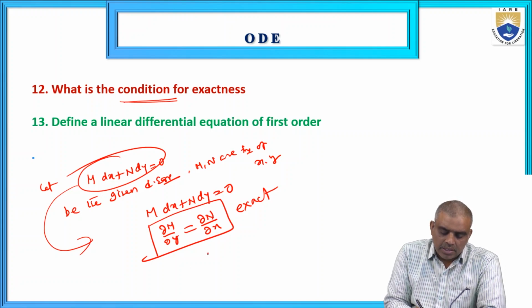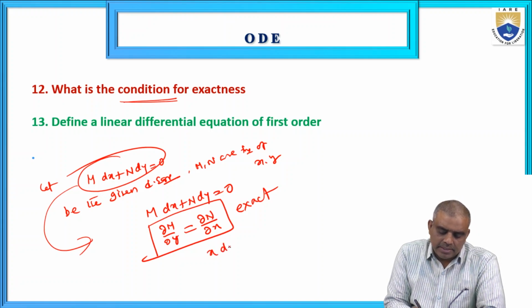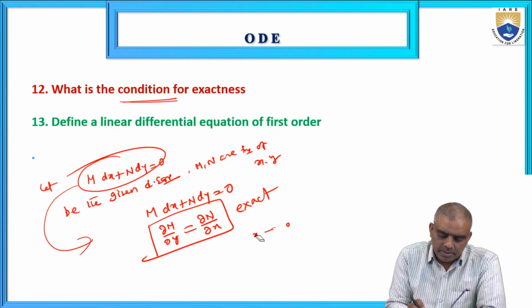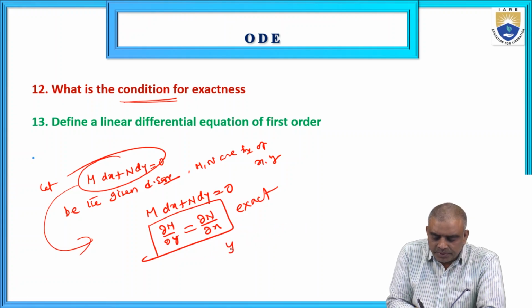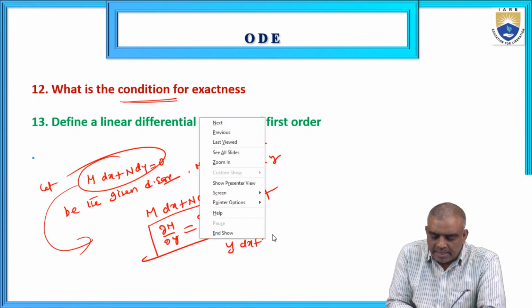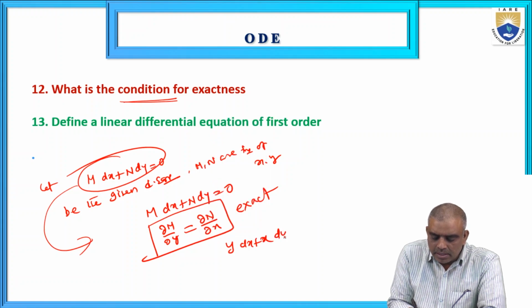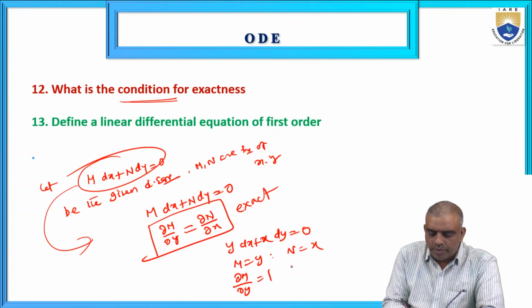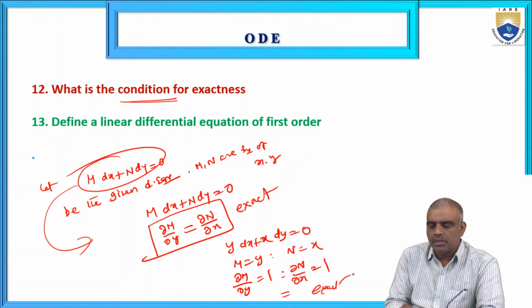Suppose I take, I will write one example, y dx plus x dy is equal to 0. Here M is equal to y and N is equal to x. Dou M by dou y is equal to 1, and dou N by dou x is also 1. So then I will say that it is an exact equation.